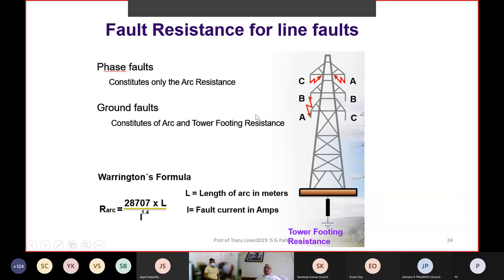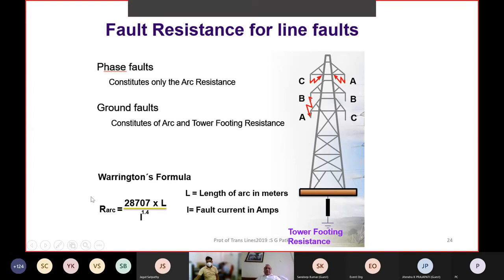Now, phase-to-ground fault will have arc resistance and tower footing resistance and then earth resistance also. So you have a combination of these three. The arc resistance is normally a time-dependent phenomenon, and for the arc resistance value we generally use this very famous Warrington formula since decades.